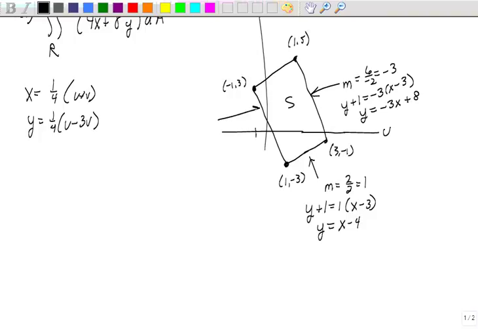This one, the slope is -3 also because they're parallel, so y equals -3x. And this one is y minus 3. The slope is also 1 because they're parallel sides, so that's x plus 4.